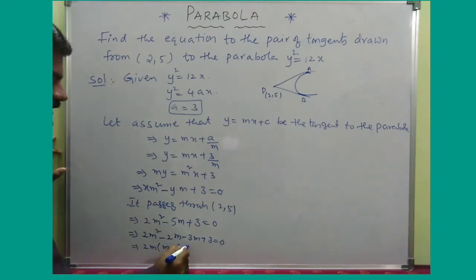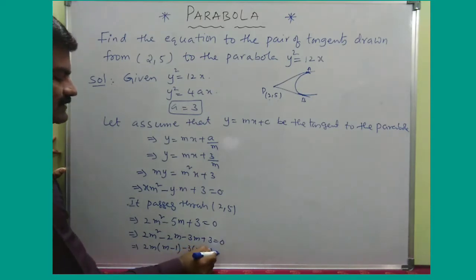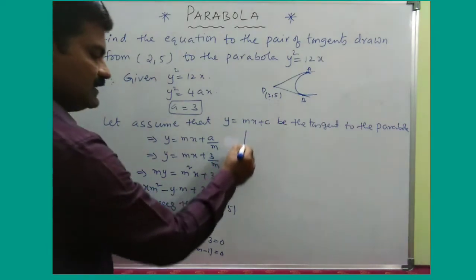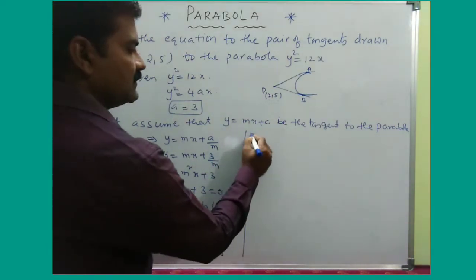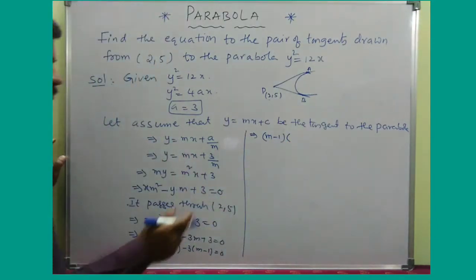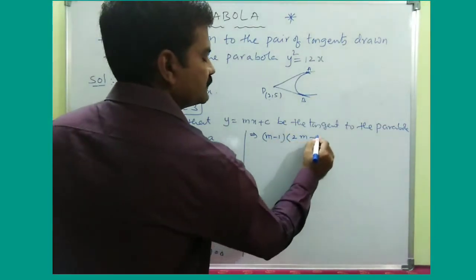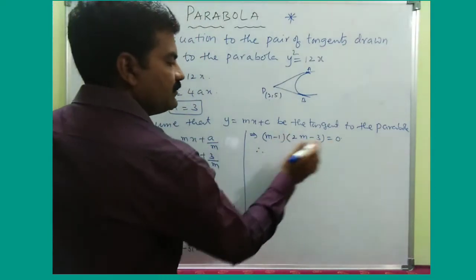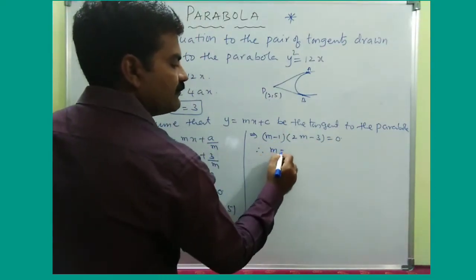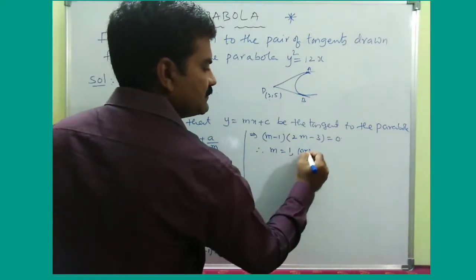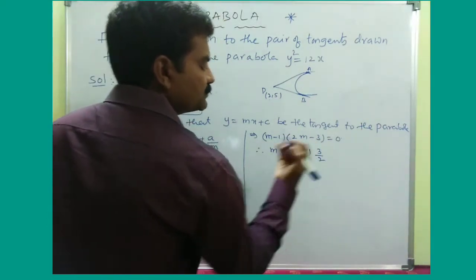Even if you take minus 3 common here, then which is also m minus 1 is equal to 0. So finally the factors are m minus 1 into 2m minus 3 is equal to 0. Therefore, on equating to 0, here we get the m value is nothing but 1, and here the m value is nothing but 3 by 2.